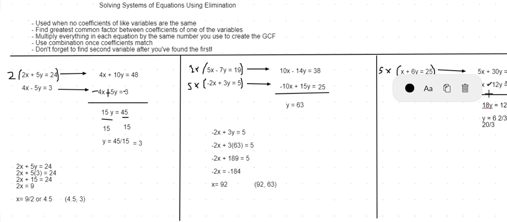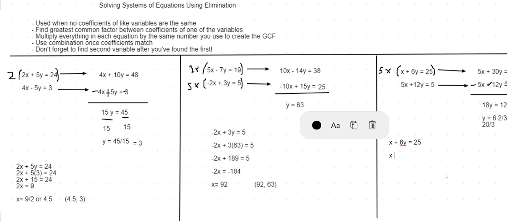A lot of different ways to write it, but I would prefer the 20/3 personally, because what you're going to do is try to use the first equation here, x plus 6y equals 25, to get the x term. And when we do that, because 3 can go into the 6, you can actually cancel out the denominator there. So we would have that.